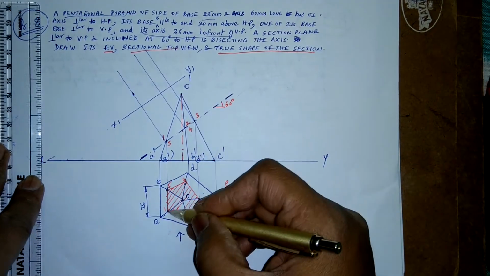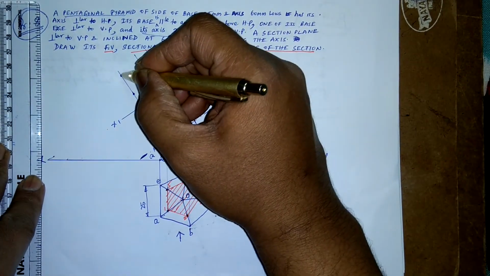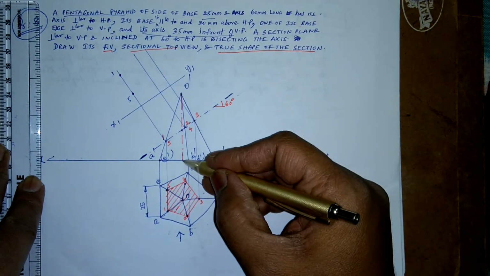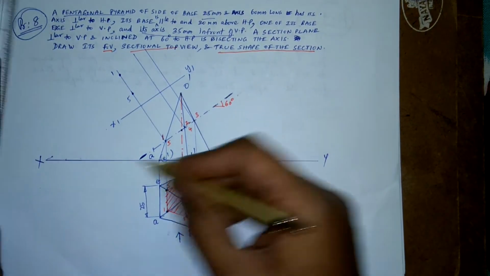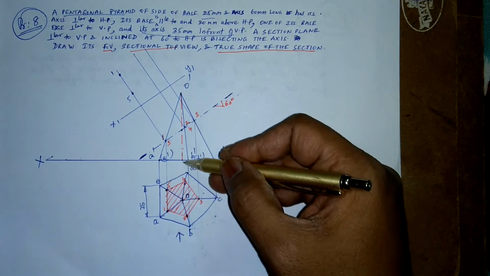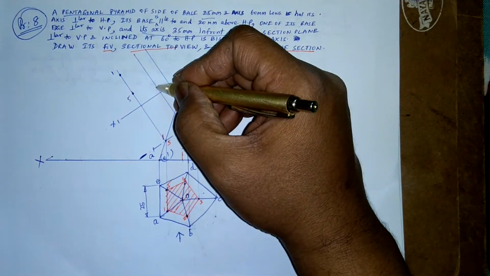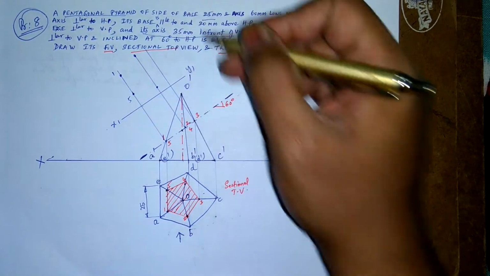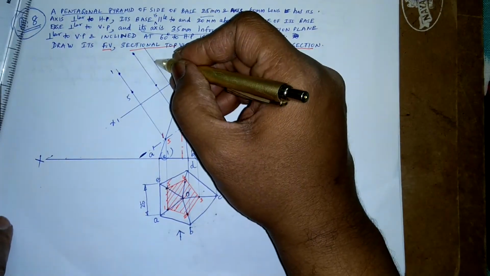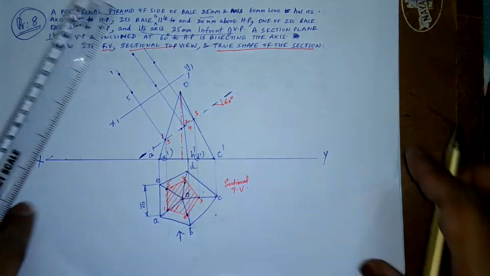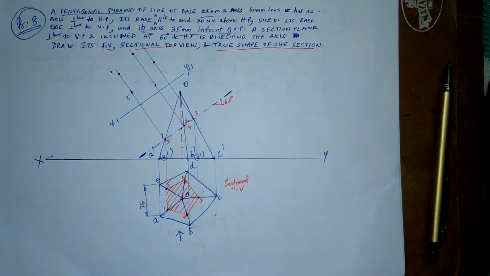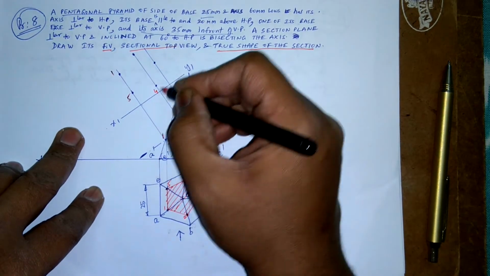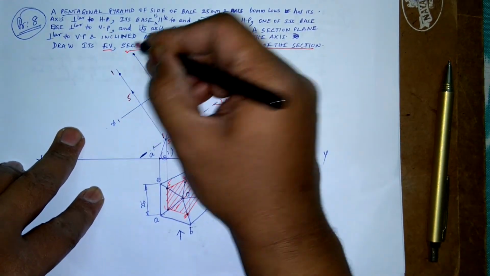From x to 1, whatever the distance is, I'll mark it here. This is my 1, this is my 5. From xy to 4, xy to 2, somewhere here, and xy to 3, somewhere here. These are my 3 points. So I'll name this as 1, 5, 4, 3, and 2.